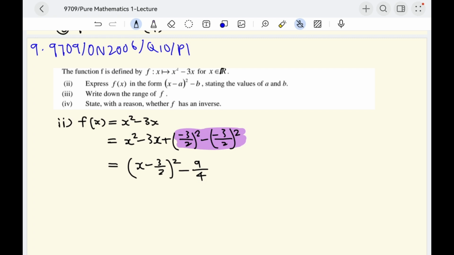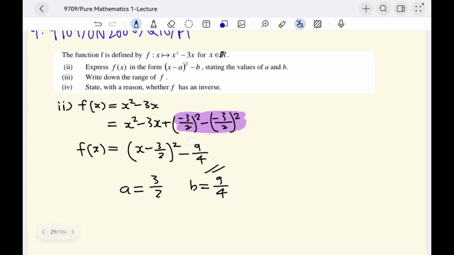This is the expression of f(x) in the vertex form, where a is 3 over 2 and b is 9 over 4.